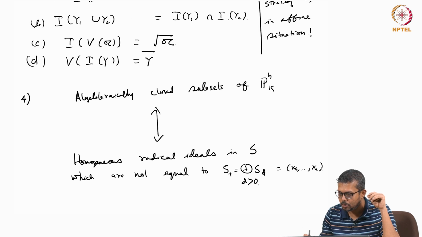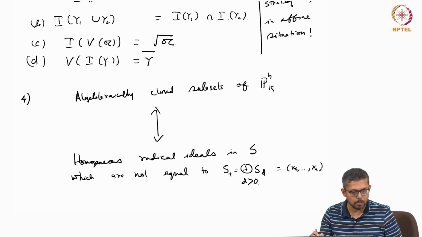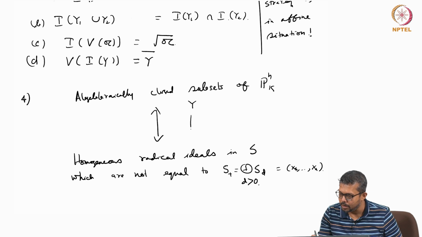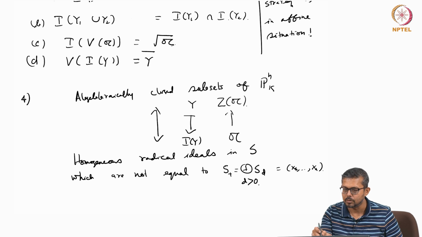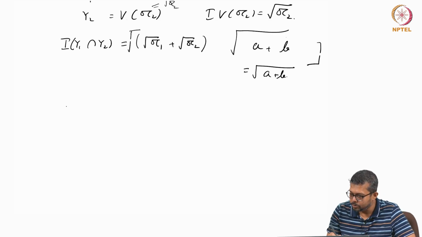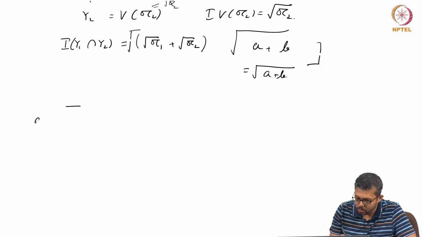So, this is a one-to-one correspondence, and the correspondence is just, if you take Y, you go to IY, and if you start with A, you take the zero set. That is the correspondence. See, one thing we should know that I defined what is called quasi-projective varieties.